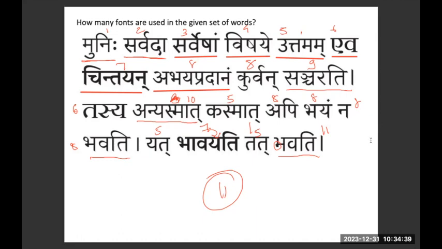I think you might be talking about this letter. No, in the second line, I'm talking about these two letters in the second line. Acha, this one. Yes, the last letter of the second is a little different. This one you are talking about, right? Yes. Okay, okay. One second.